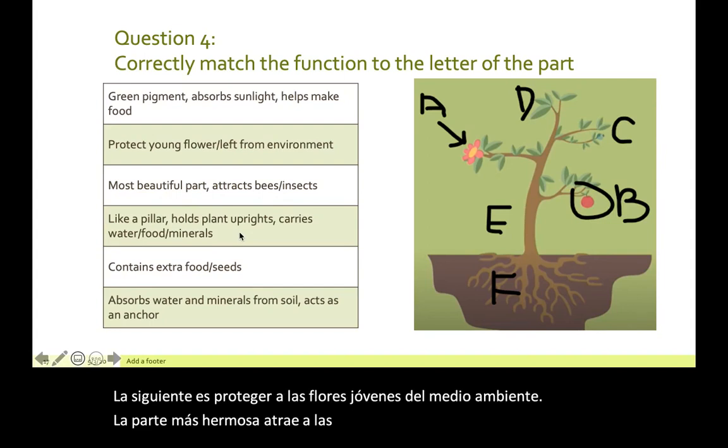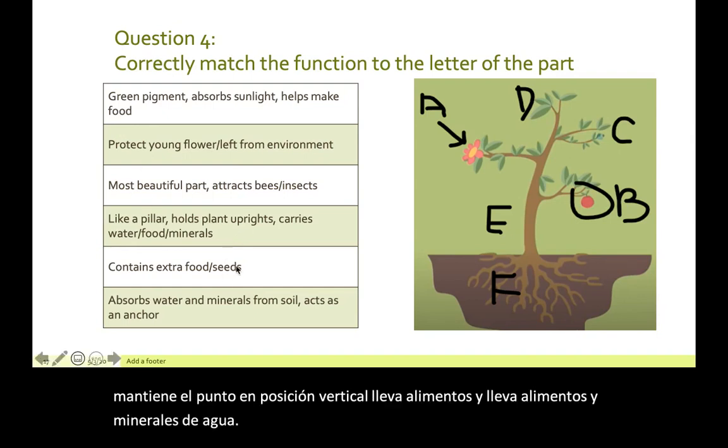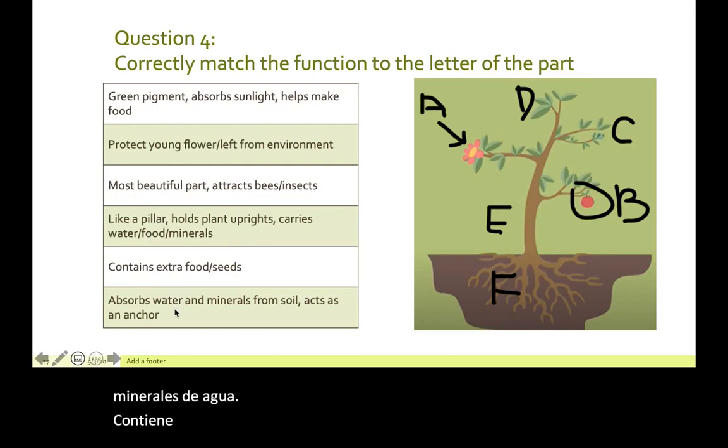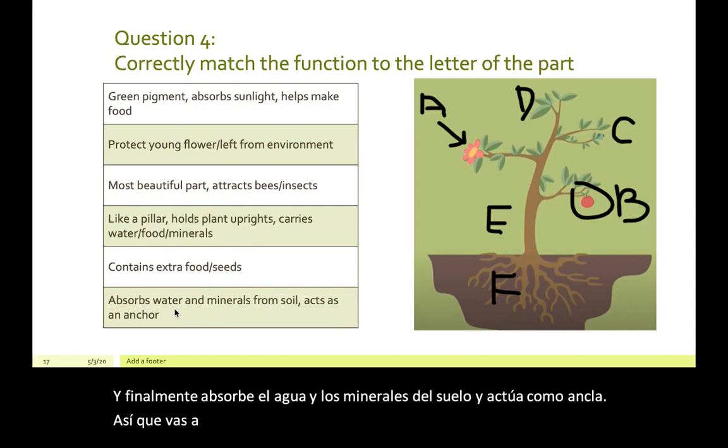Like a pillar, holds plant upright, carries water, food, and minerals. Contains extra food or seeds. And finally, absorbs water and minerals from the soil and acts as an anchor. So you're going to write down, you can either write the name of the part of the plant, or you can write just the letter.